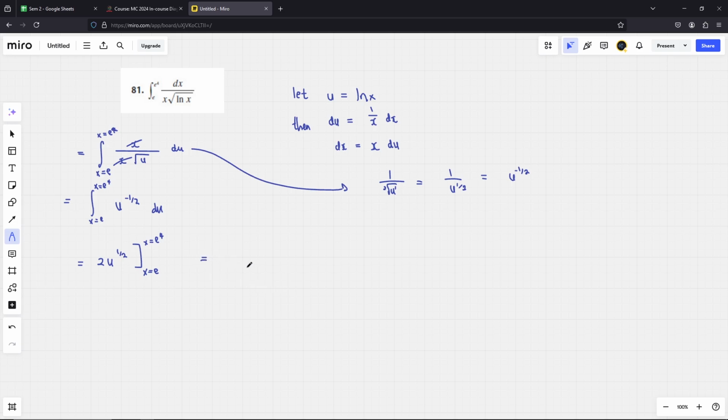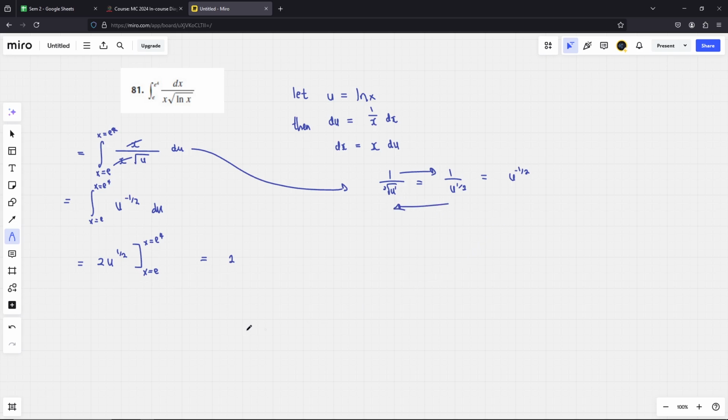Okay, now let's sub in our u. So this is going to be 2u to the power of a half. Just like how we went from here to here, we can go from here to here.